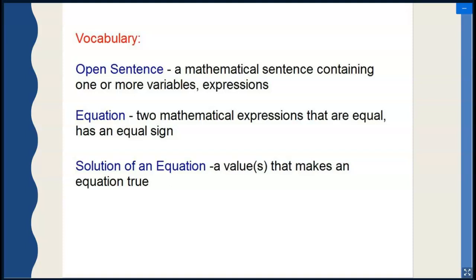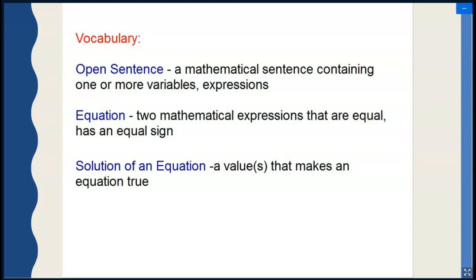An equation has two mathematical expressions that are equal and has an equal sign. And that's the big difference between an open sentence and an equation. An equation has an equal sign, and that's what's new about today.